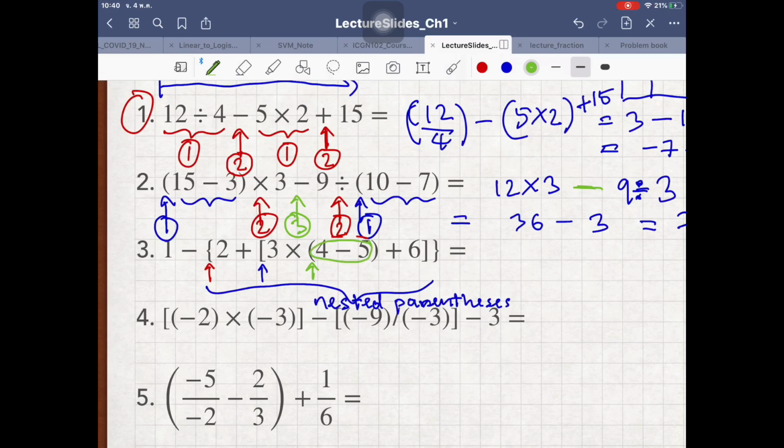So when you do the real calculation, you need to work from the inside out. Here we can say that the curly braces will be the outermost parenthesis.